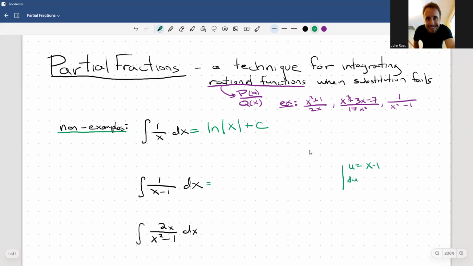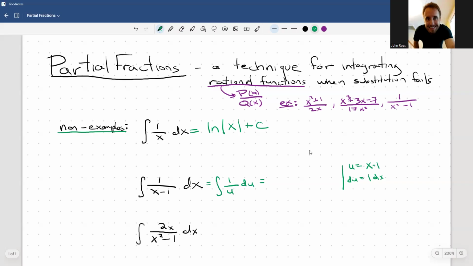That means du equals the derivative of x minus 1, which is just 1 dx. So du is equal to dx, and this integral transforms into the integral of 1 over u du. Now this integral is exactly the same as the one right above it.